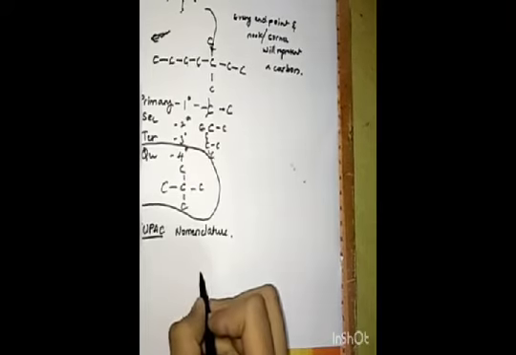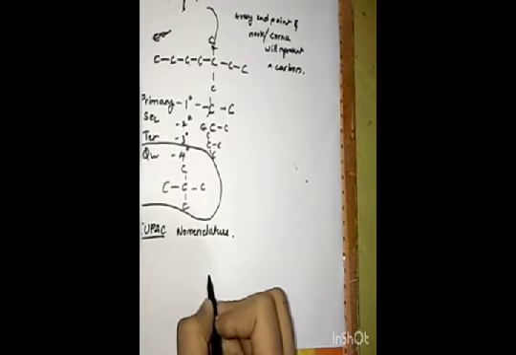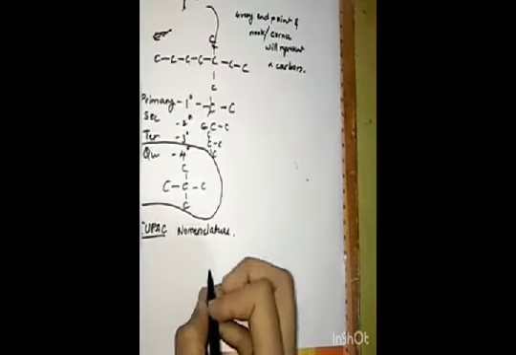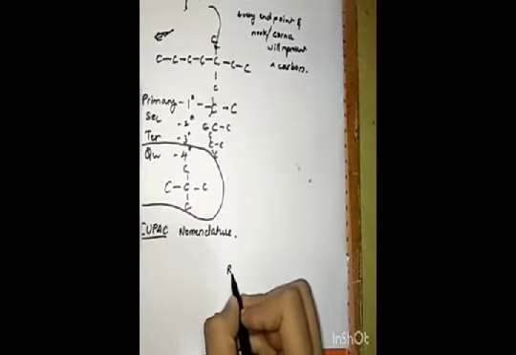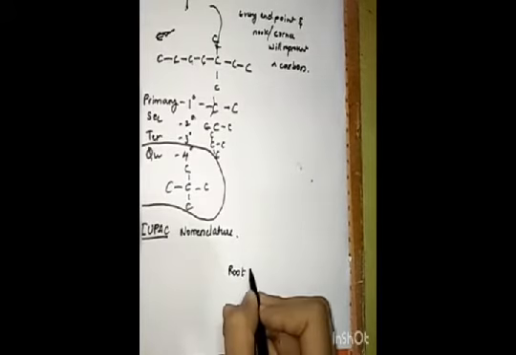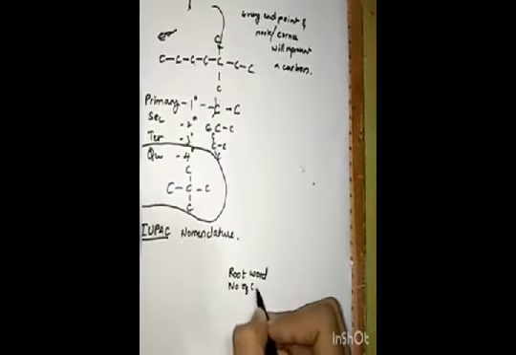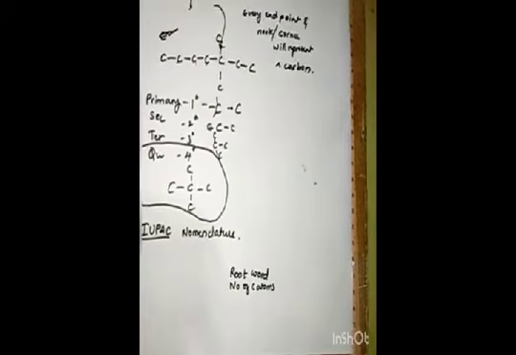To name any carbon chain, simply keep this in mind. You will have the root word in the center. And what does the root word represent? It is the number of carbon atoms. It's the main word.